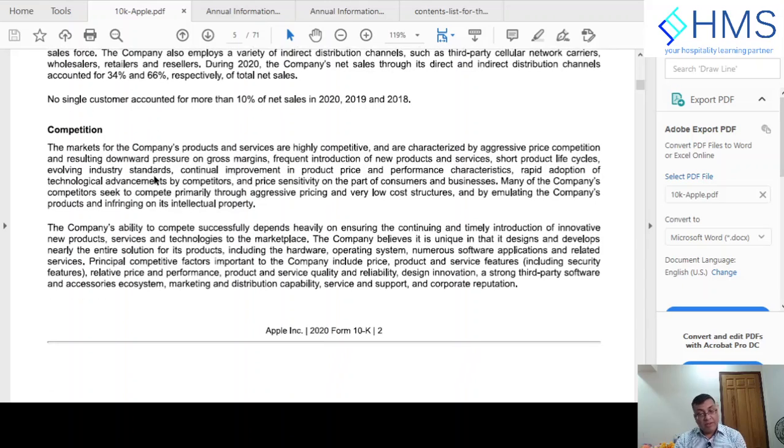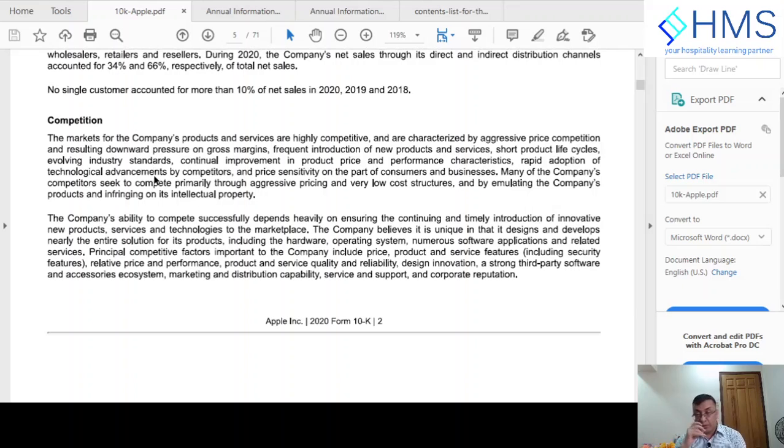Now the competition, who their competition is, and how they are dealing with the competition. Here you can see the company itself has already said that it is highly competitive, with aggressive price competition resulting in downward pressure on the gross margin, frequent introduction of new products and services, and short life cycles.